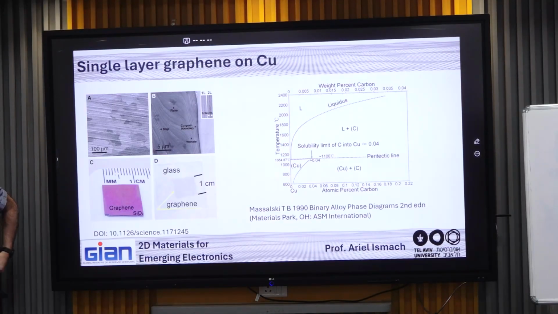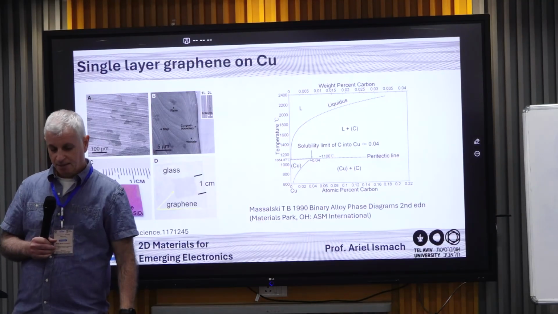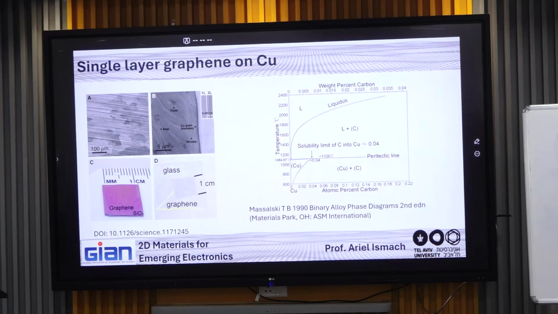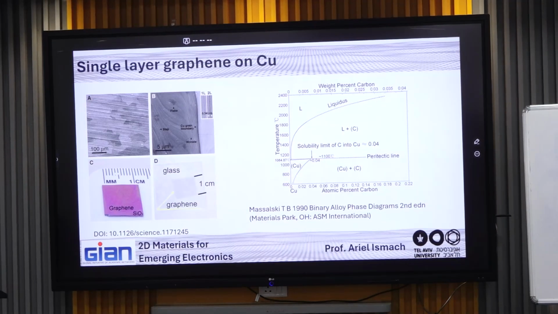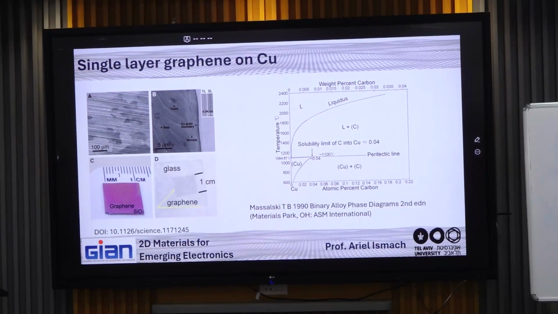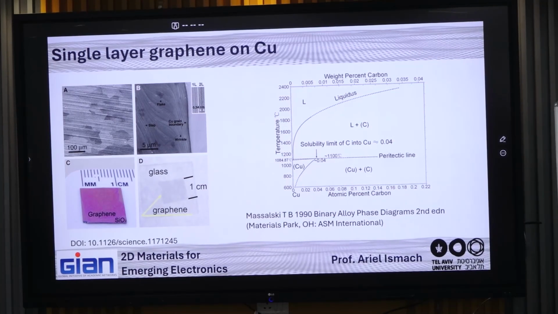So what happens if you now take a low solubility material? You have basically no carbon diffusion into the metal. This is taken from the first paper on that, in 2009, by Ruoff, who was in Austin and is now in South Korea.